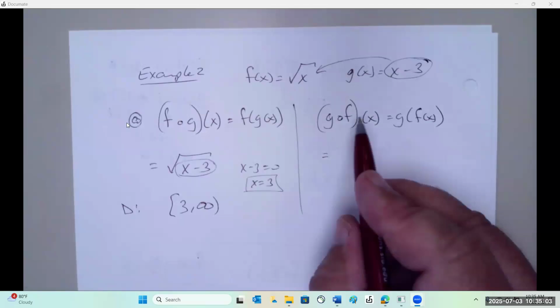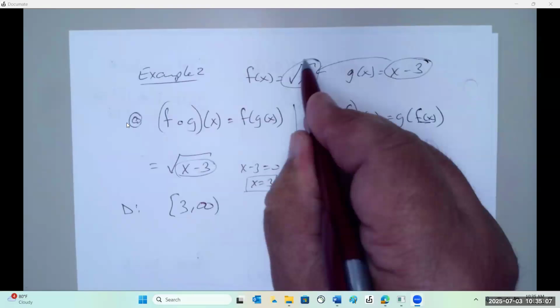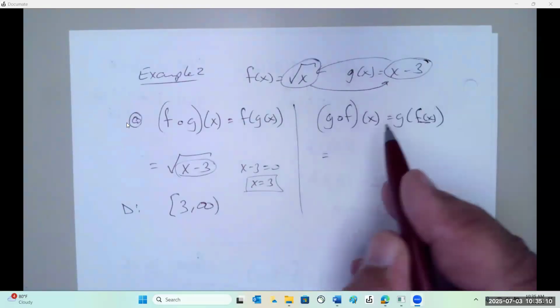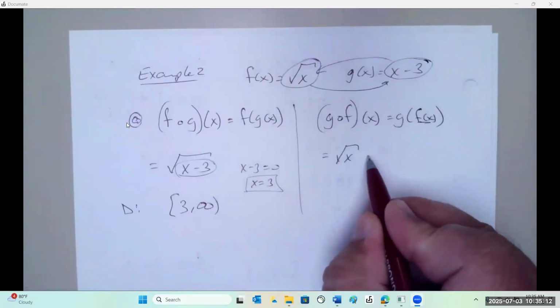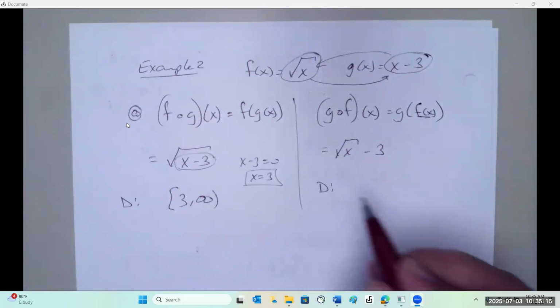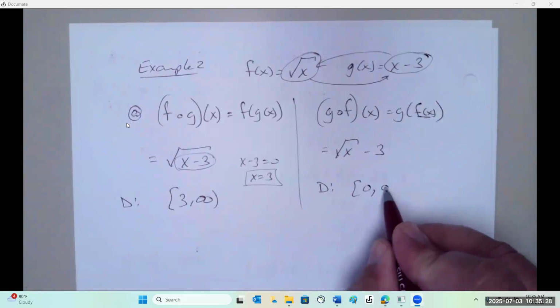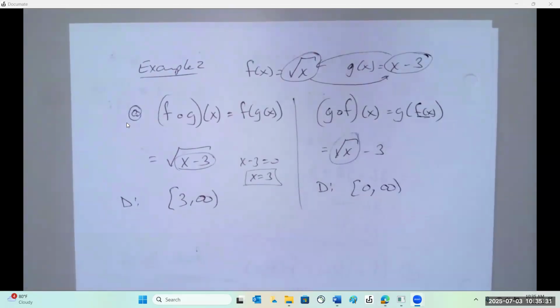And this other one, anywhere I see an x in the g, I put an f. So it's square root of x minus 3. What's the domain of that one? Right. That's the only restriction we have.